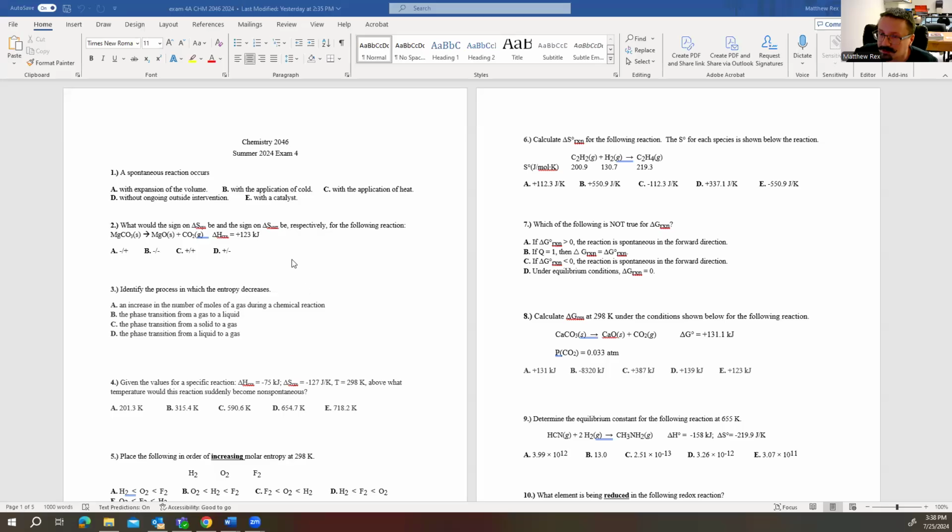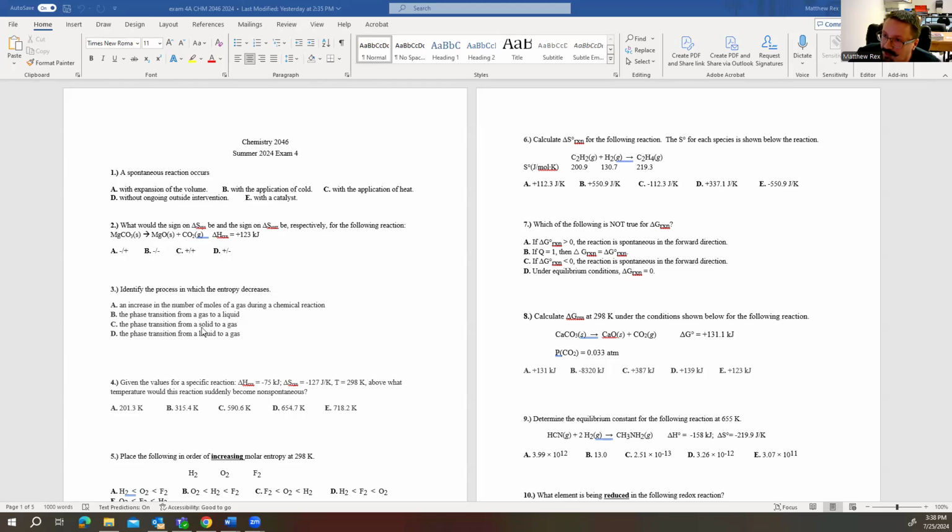Okay, identify the process in which the entropy decreases. An increase in the number of moles of gas during a chemical reaction should be an increase in entropy.